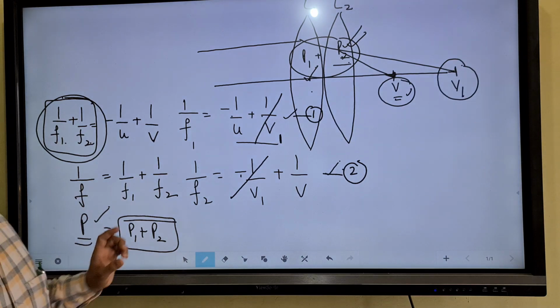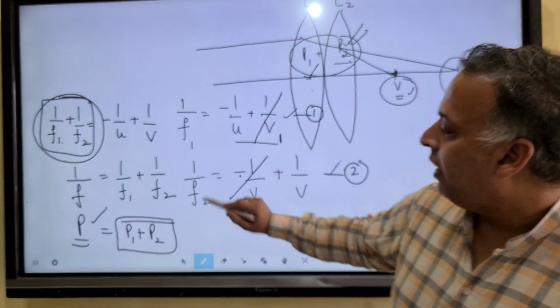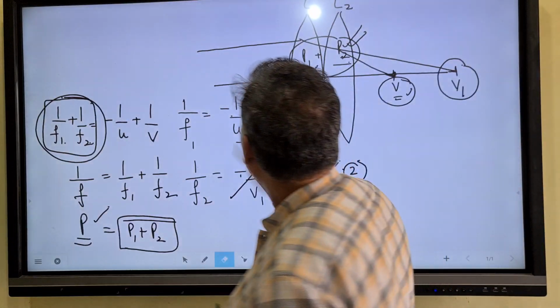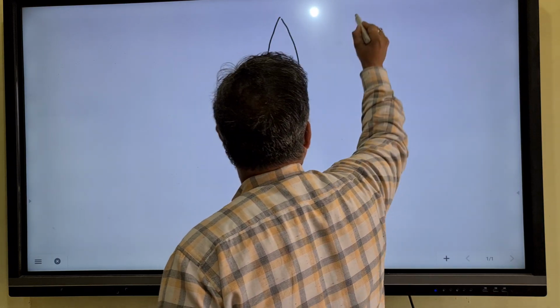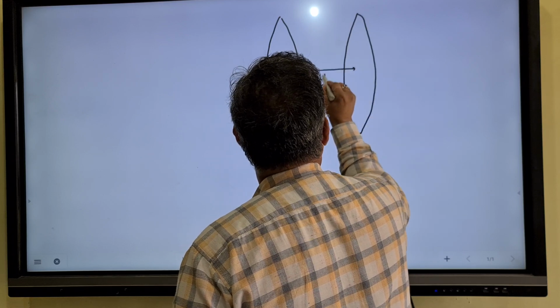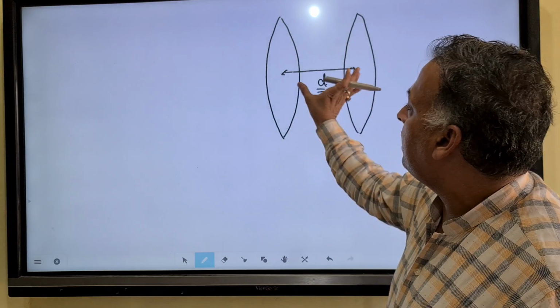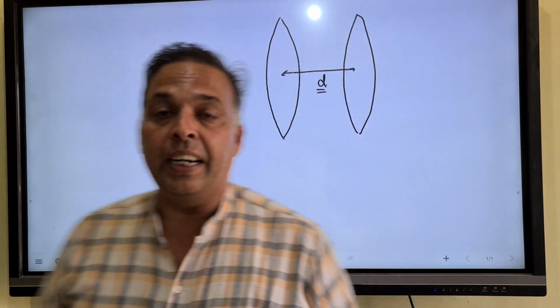When you combine two lenses, both having focal lengths f1 and f2. Another point is, suppose these two lenses are separated by a certain distance d. They are not attached to each other. They have a certain distance d in between them. Then the formula becomes different.